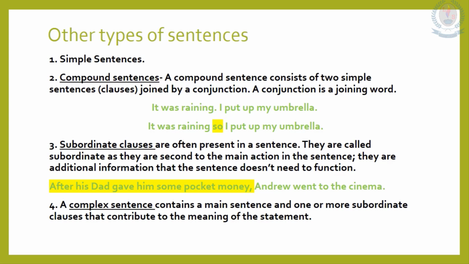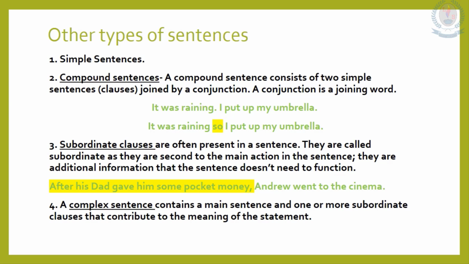But the part that gives information is called the subordinate clause, right? It cannot stand on its own. After his dad gave him some pocket money only, Andrew went to cinema. But Andrew went to cinema can be a sentence on its own. The subordinate clause cannot stand as a sentence of its own.